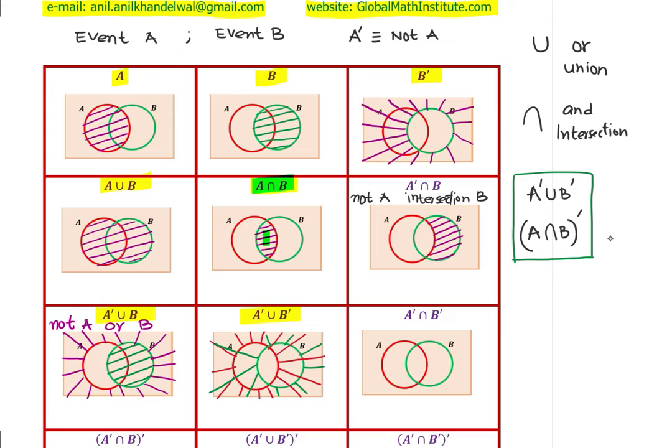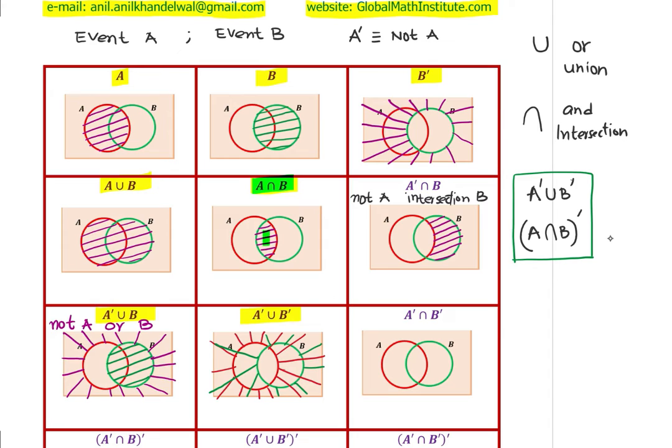So everything outside but not inside the common A and B. Do you see that portion? Everything is shaded here except for the intersection of A and B. So these are equivalent. You get the idea.